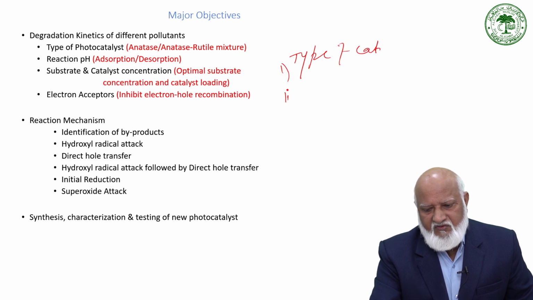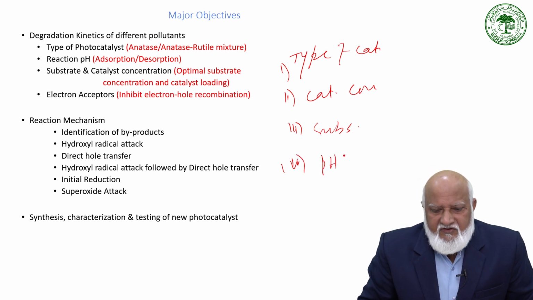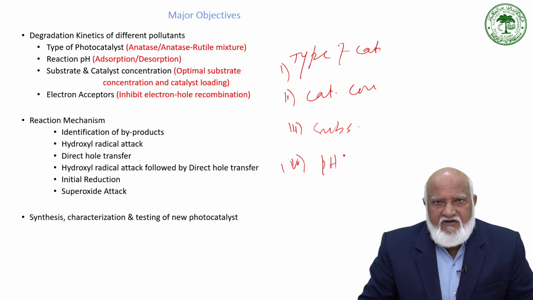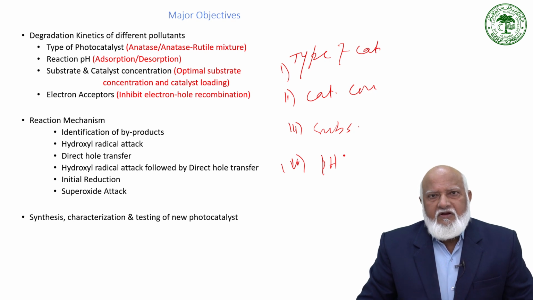Number two, the catalyst concentration. Number three, the substrate concentration. Number four, pH, because if we consider titanium dioxide, there is a surface-bound OH which can be protonated or deprotonated depending upon the pH of the reaction medium.